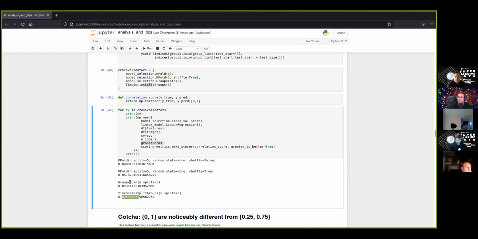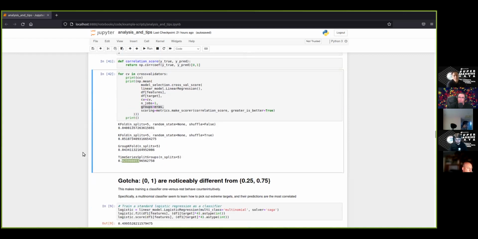When you're doing the group k-fold, you're still potentially using future eras to predict past eras, which could make things look better than they will end up being. But there's good reasons to do both, so definitely try both. But I would stick to either the group k-fold or the time series split groups.